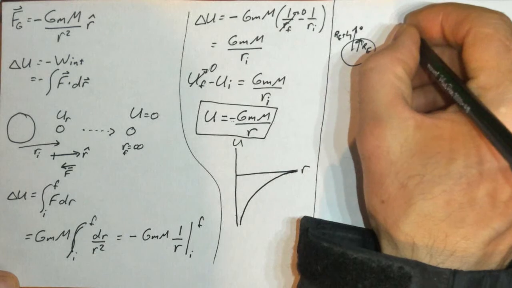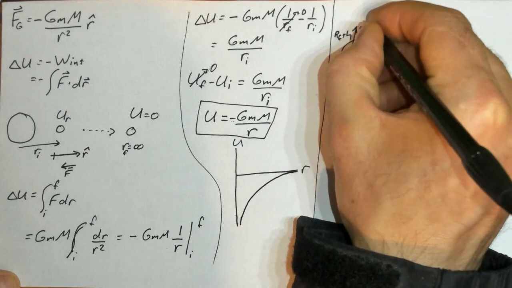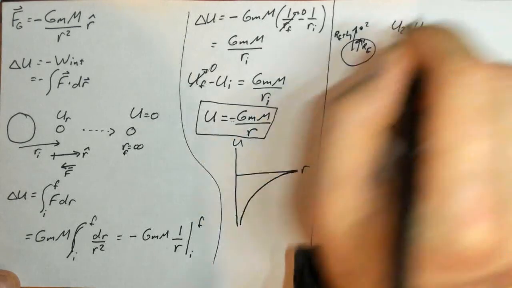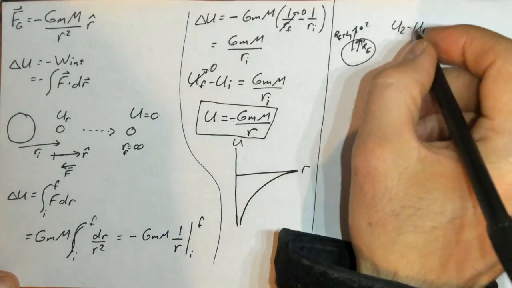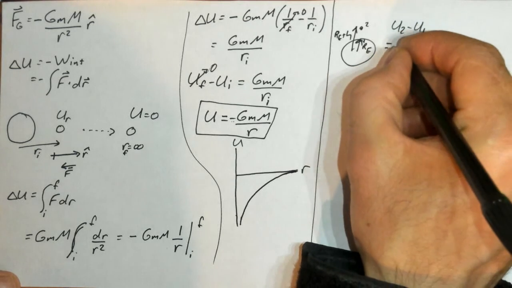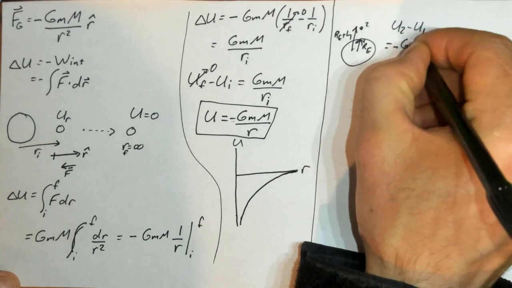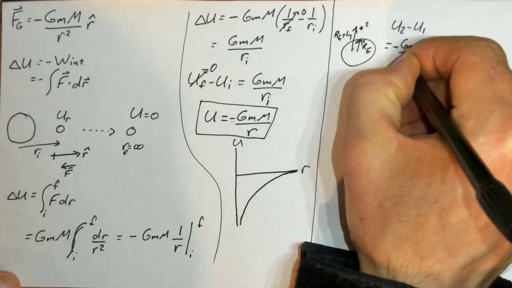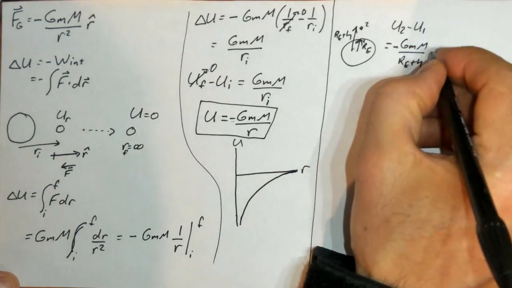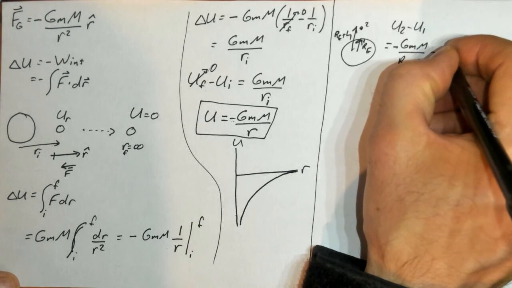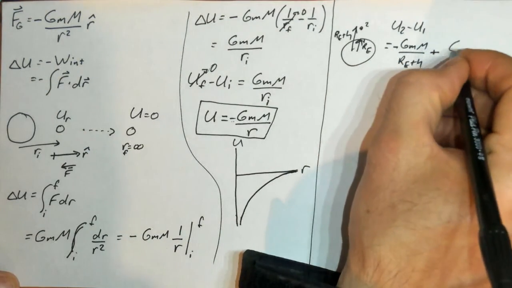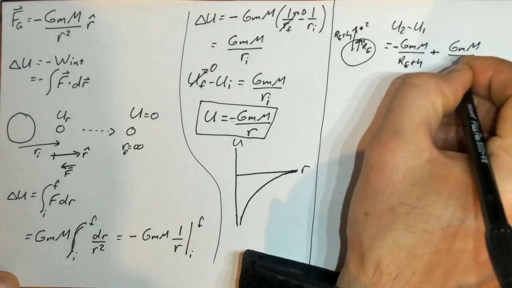If I call this 1 and this 2, what is U2 minus U1? Well, if I just plug in this for both those cases, I get a negative GMm over Re plus h, that's this one, minus a negative, so I'm going to get a positive, GMm over just Re.